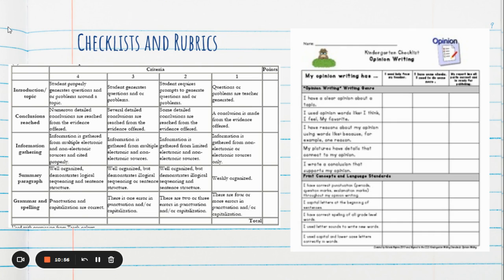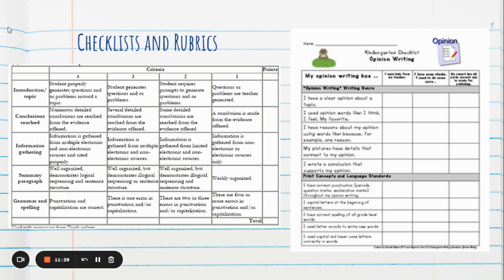For my younger students, obviously rubrics were a little bit more challenging, so checklists were really good. What's nice about a checklist is I could do it on my side. I could let the kids do their own little checklist, and then I can do it in a different color, my opinion. So having them look and see, okay, I have a clear opinion about the topic, but maybe the teacher thinks of it a little bit differently, and we can have that as part of our conference, and we have a goal for our conference time.